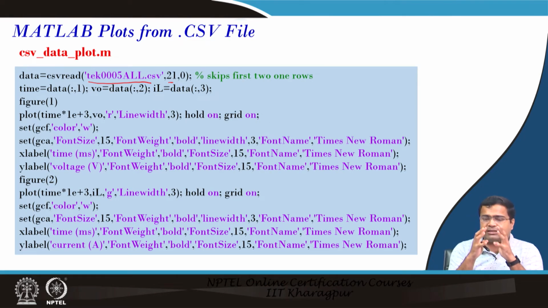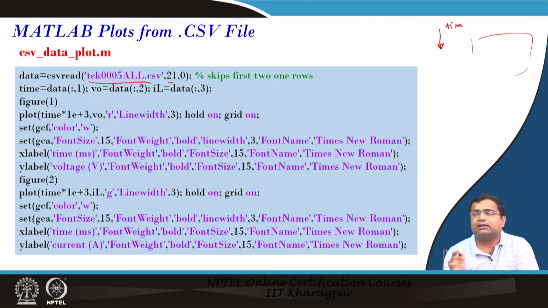If you remember, we saved the waveform of the simulation result in the workspace, and the workspace is a structure where the first vector, a column vector, was time, then we got a data vector, and the first column of data was current, depending upon which column you are using. So here we have 3 vectors.